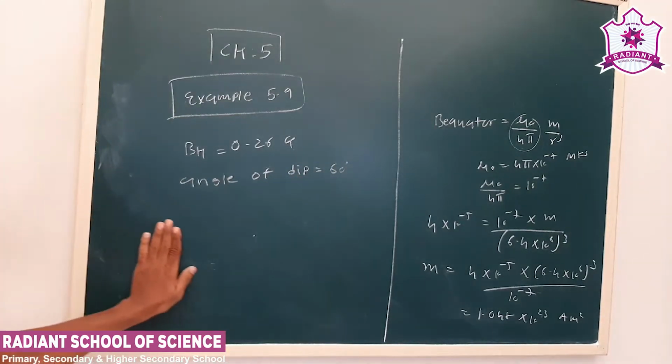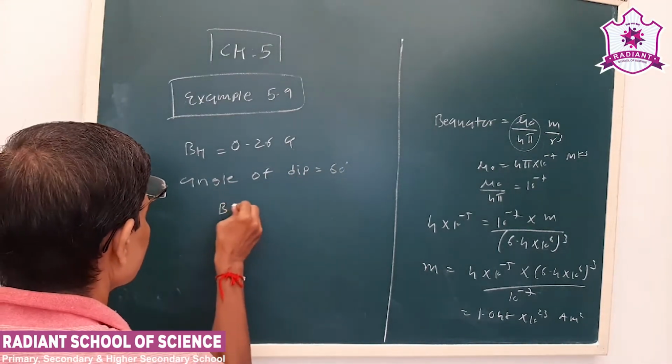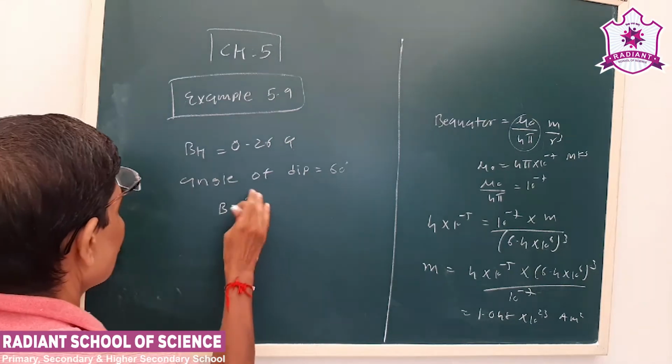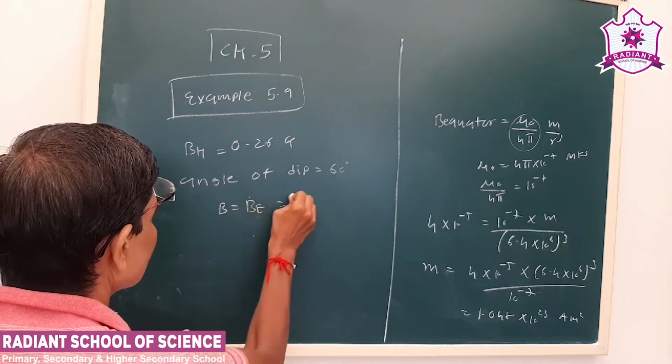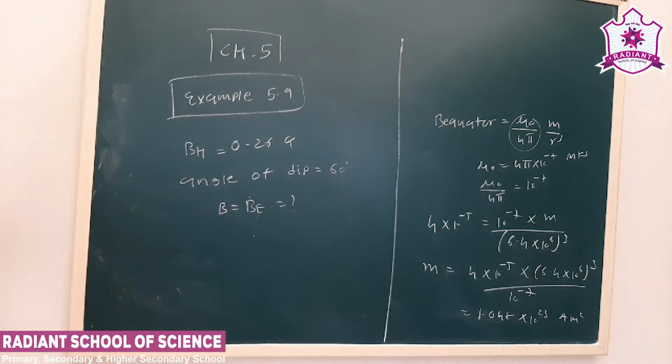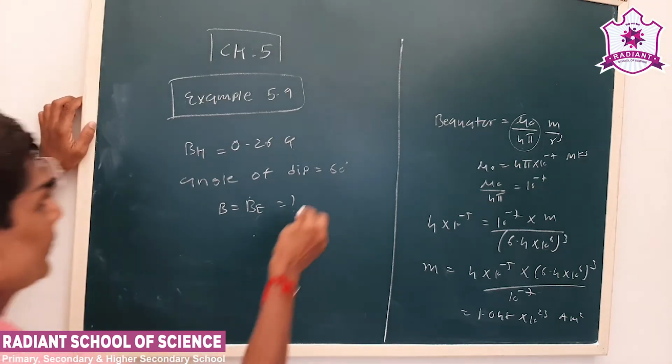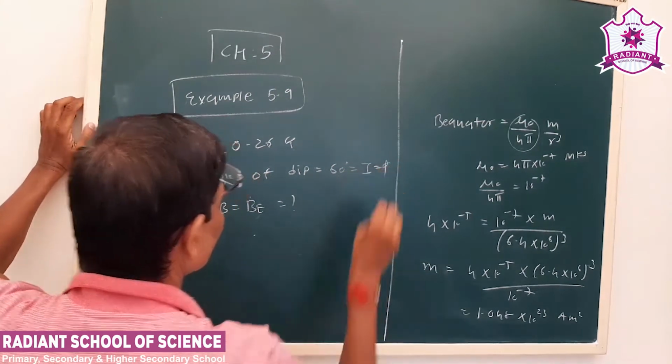What is the magnetic field of the Earth at that point, that is B or BE? Now the angle of dip is I or phi.